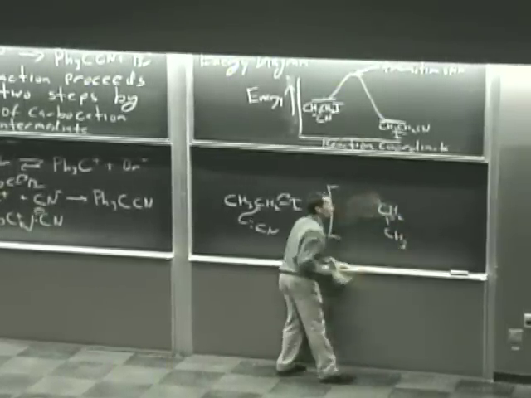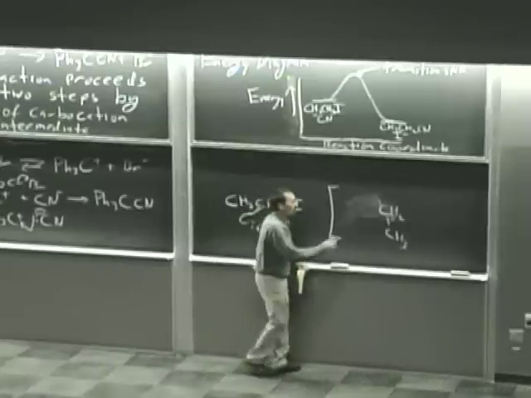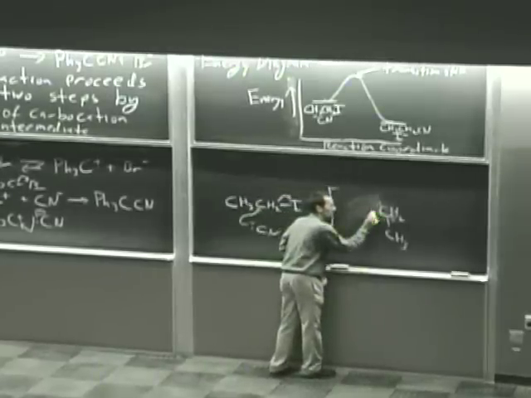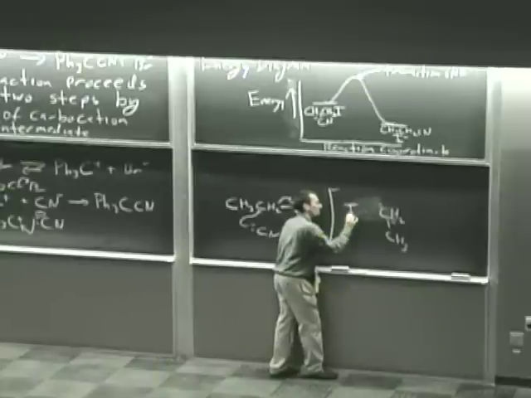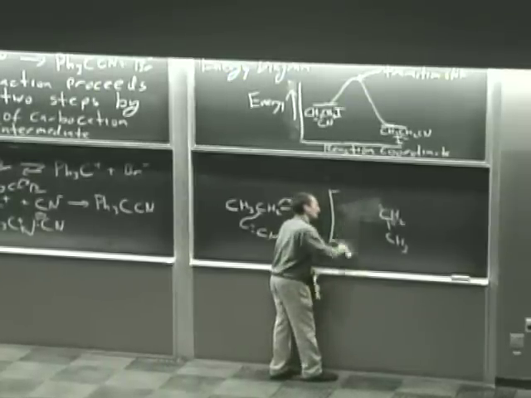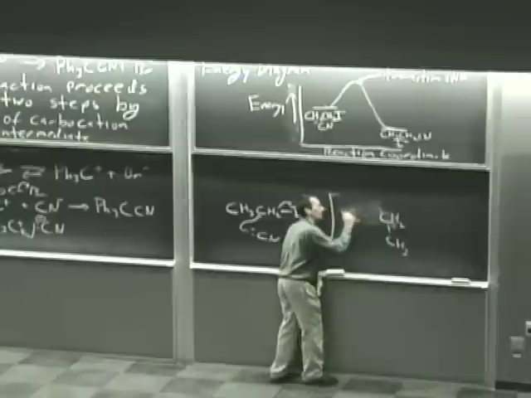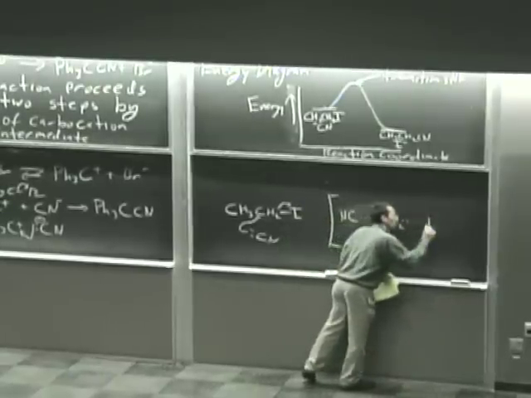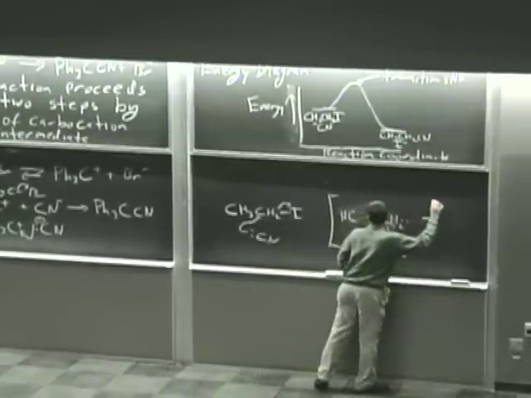So I'll put the methyl group off on the side. So at the point of the transition state, we have a partial bond to cyanide. We have a partial bond to iodide.